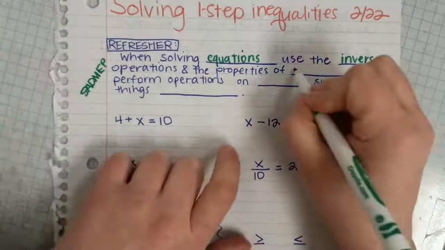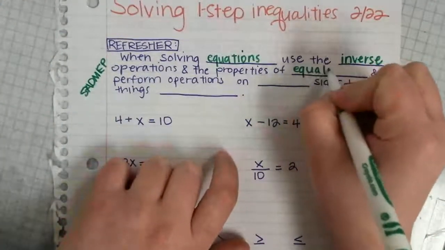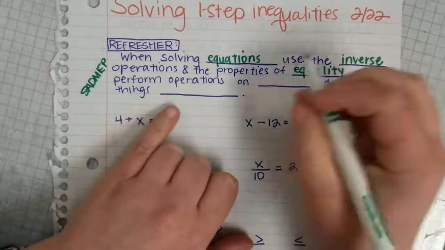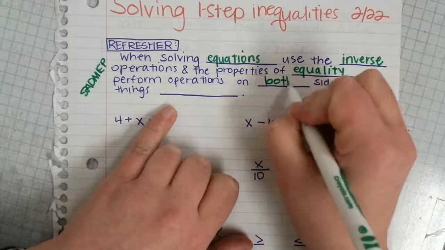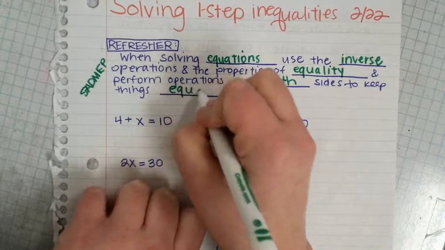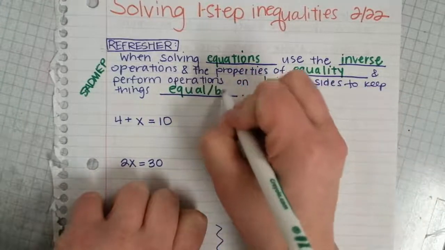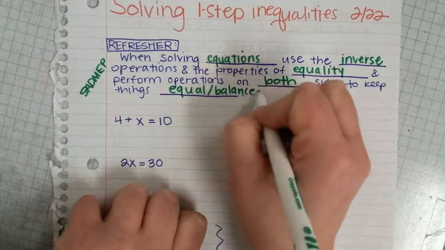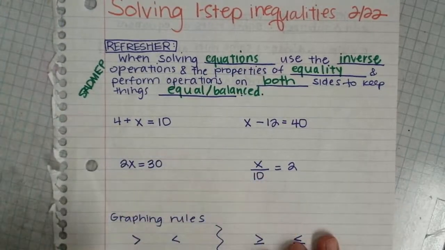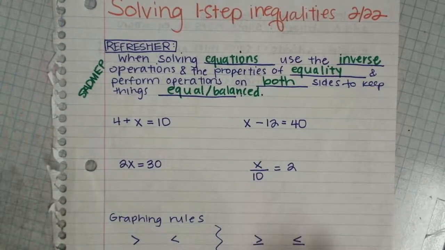And the properties of equality, and perform operations on both sides to keep things equal or balanced. So I've got 4 quick equations for us to solve.